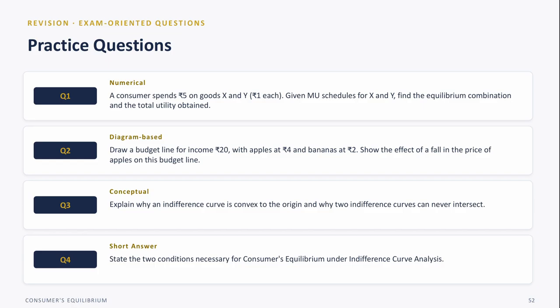You can try solving these practice questions, right? This is a numerical based question here. This is a diagram based conceptual question, and this is a short answer question, right? I think we have just done it in this video only, the two conditions which are necessary for consumer's equilibrium under the indifference curve analysis.